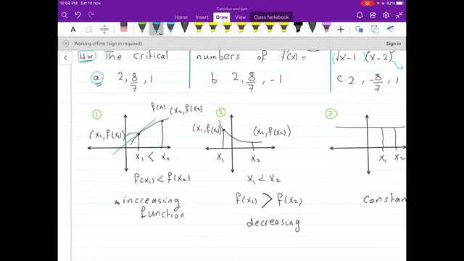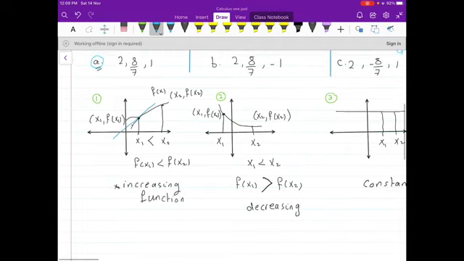Now, f prime at x1, from our definition of the derivative, represents the slope of the tangent line. Is the slope of the tangent line at x1 positive or negative? Obviously it is positive. Why? This angle is acute, so tan is positive. So it is clear that f prime at x1 is positive.